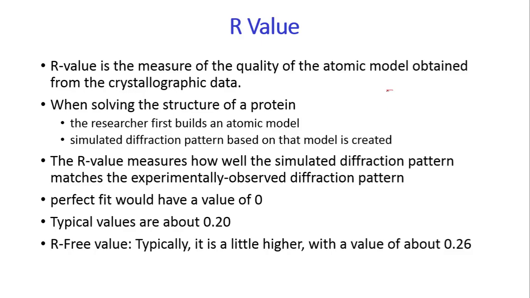Say, for example, you have this electron density map, and this electron density map has been obtained from some diffraction pattern which might look like this. On this electron density map you would generate your model.